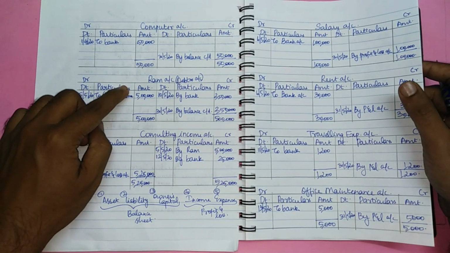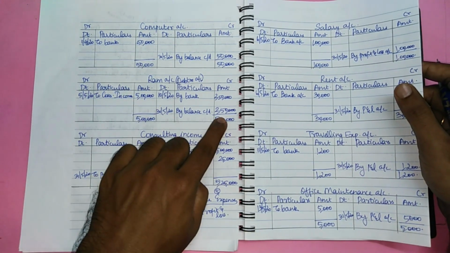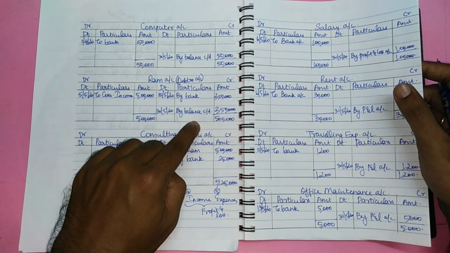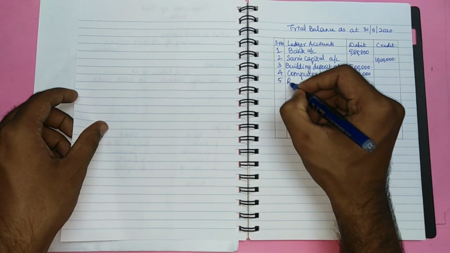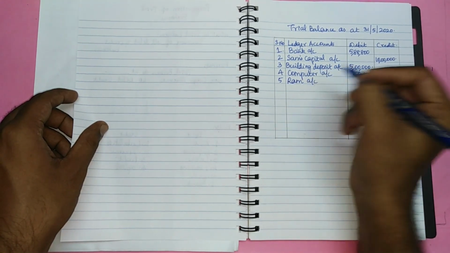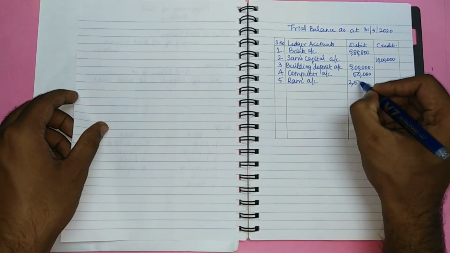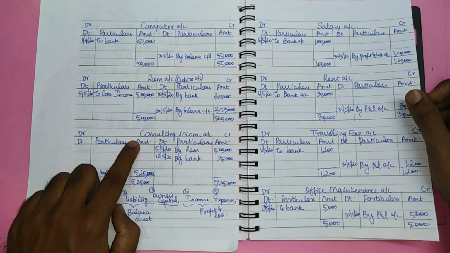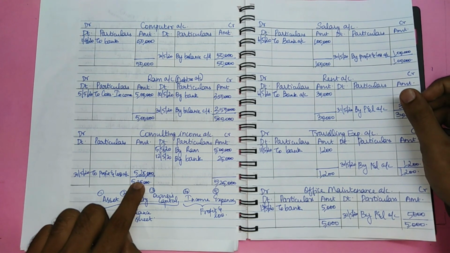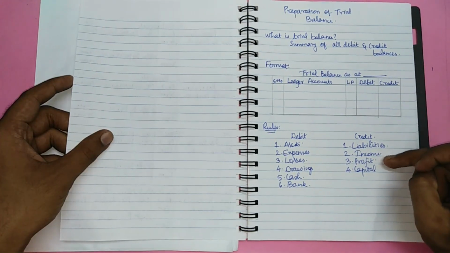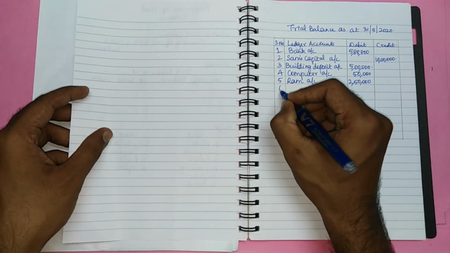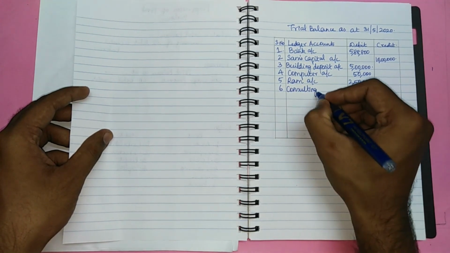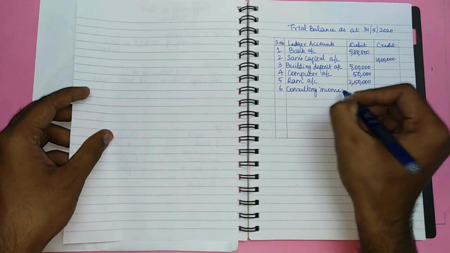Now Ram's account, you have a balance of rupees 2,50,000 and this is an asset account, so it needs to be placed in debit side again. 5, Ram account 2,50,000. Consulting income, you have rupees 5,25,000 and as per the rule, income needs to be placed in credit side. Therefore consulting income rupees 5,25,000.